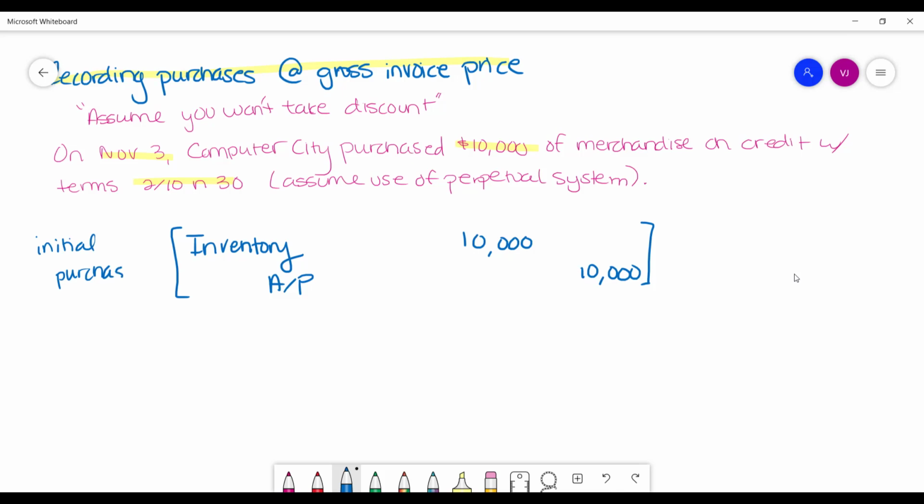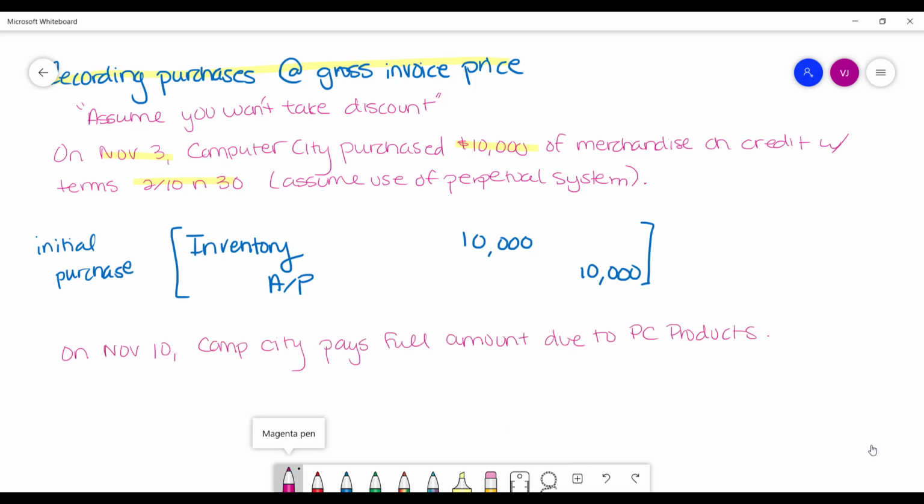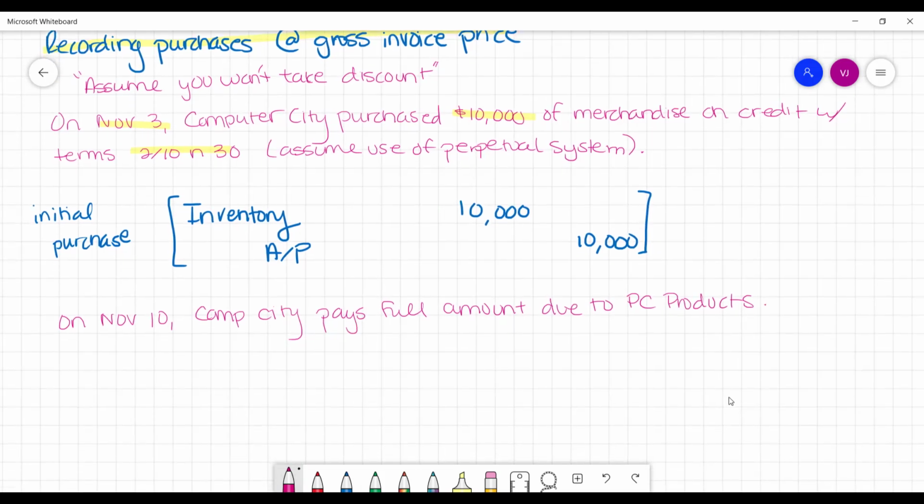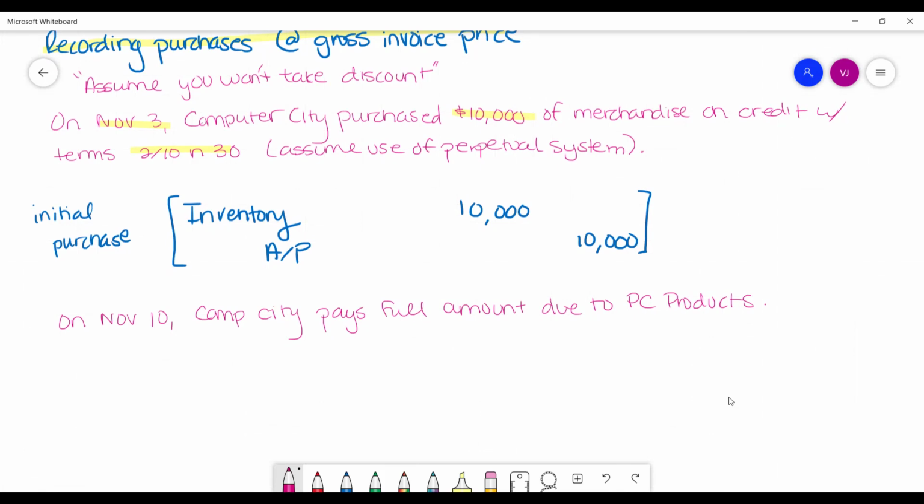Okay, so that's the main difference for recording that initial purchase. Let's take a look at now when it comes to actual payment. Let's assume November 10th rolls around and Computer City decides to pay the full amount due to PC Products. That's only 7 days after the initial purchase, so they're well within that discount period.